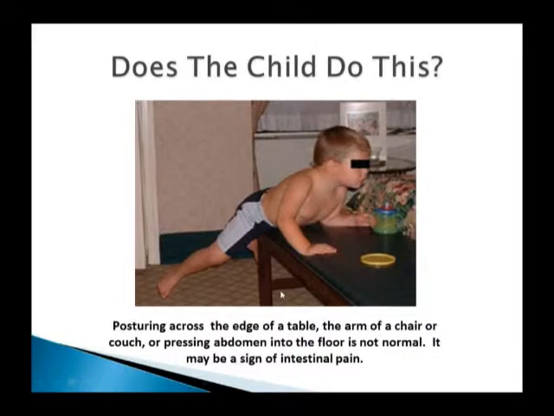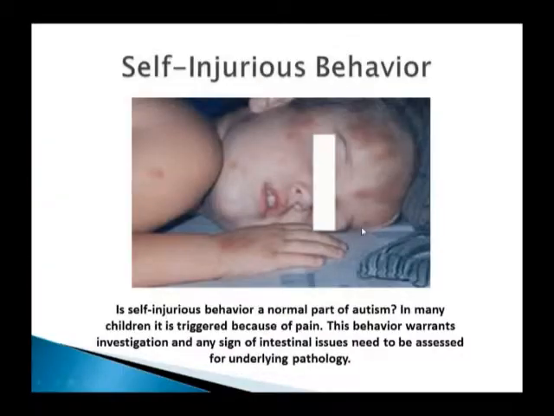Now, it could be purely they're constipated, kind of like the case before, where the child was rubbing back and forth on the floor. But sometimes it's more problematic. And then self-injurious behavior. Not all self-injurious behavior is going to be linked to gut problems. They know that self-injurious behavior can be linked to seizure disorders. They know that certain neuroanatomical problems in the brain can be associated with self-injurious behavior.